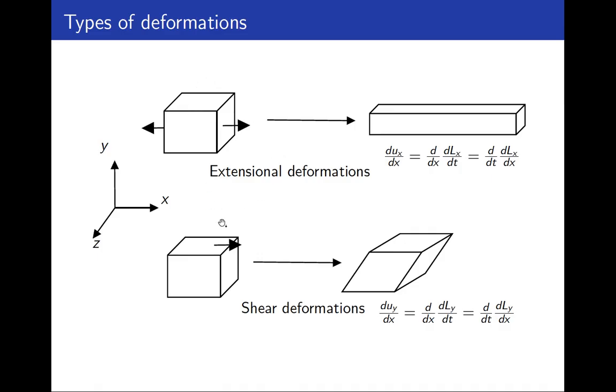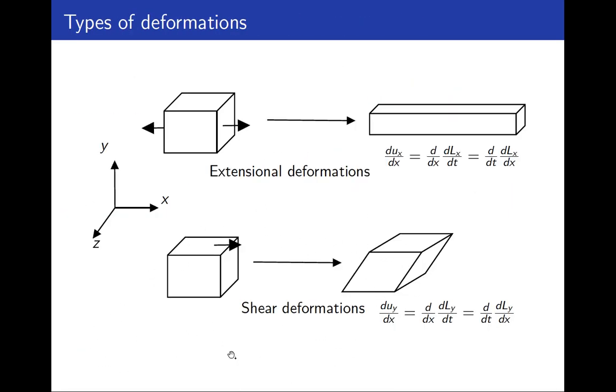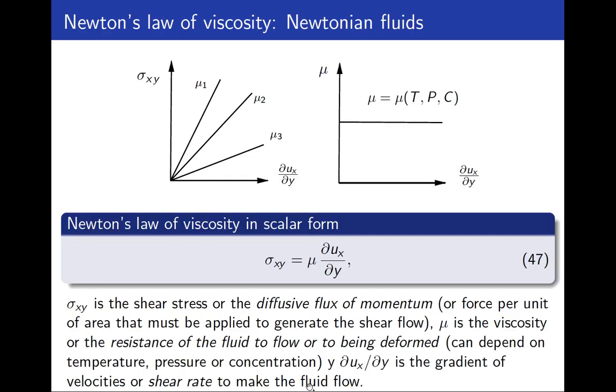These materials tend to follow Hooke's law of elasticity, which is the phenomenon when you stretch springs, and these springs can return to their initial configuration. So extensional deformations are more relevant for those kinds of materials. That means that for simple fluids such as water, we will only have shear deformations.